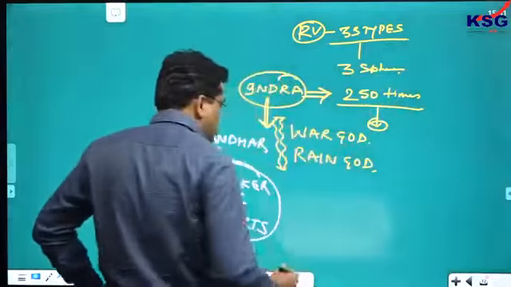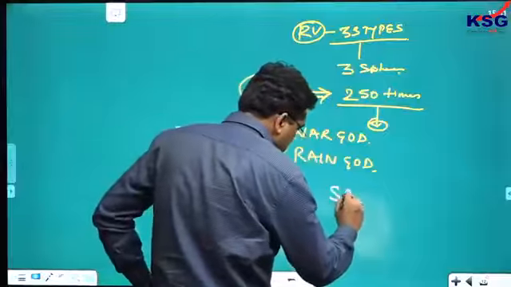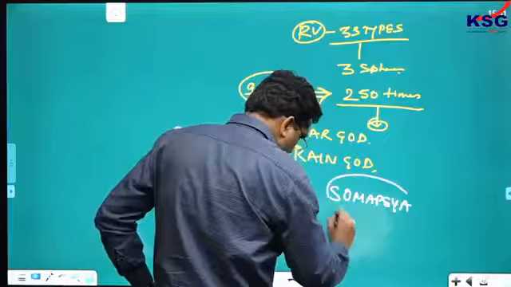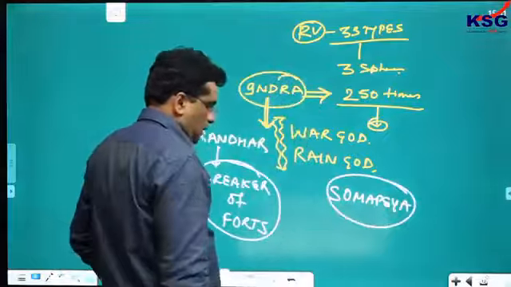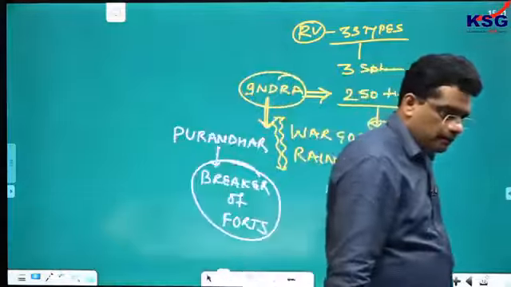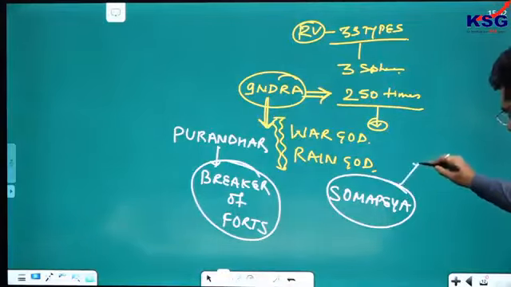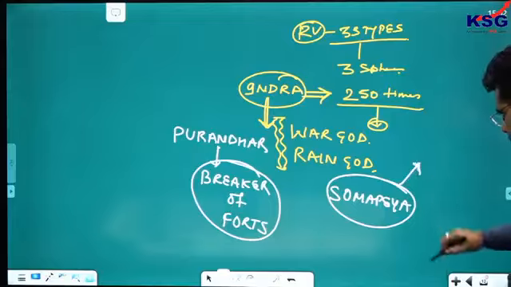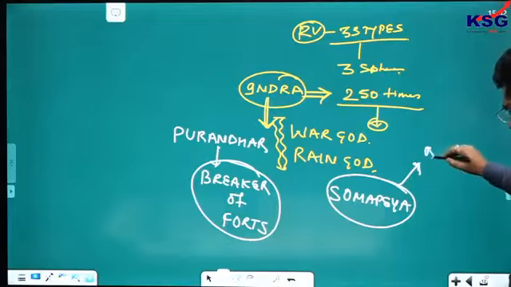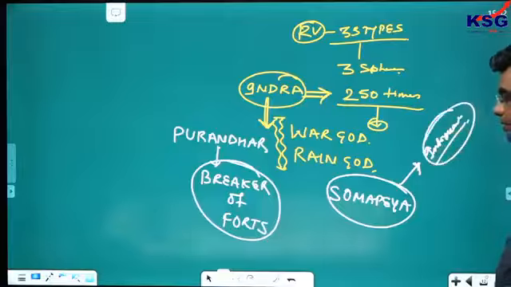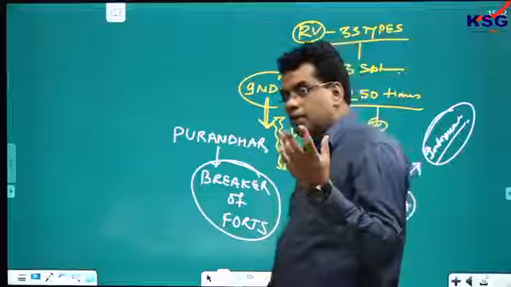Indra is called Somapeya, that is drinker of Soma. So Indra drinks the intoxicant Soma. Soma comes from the Mujavant.